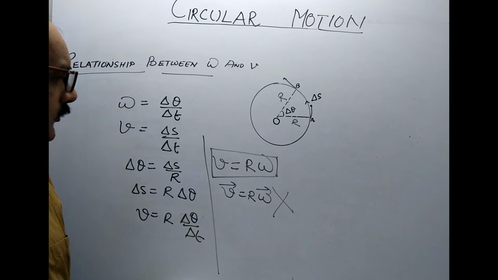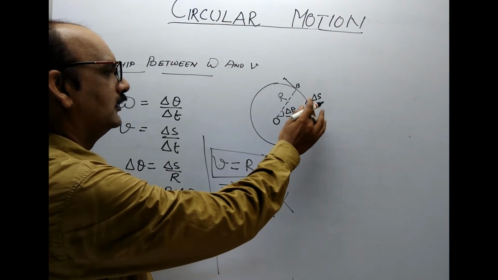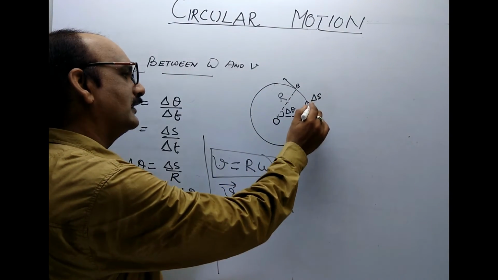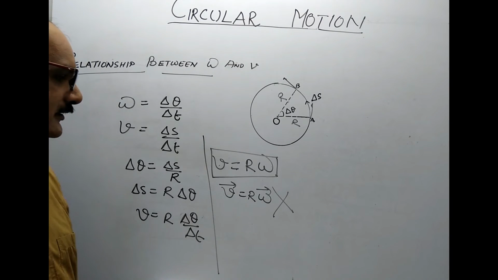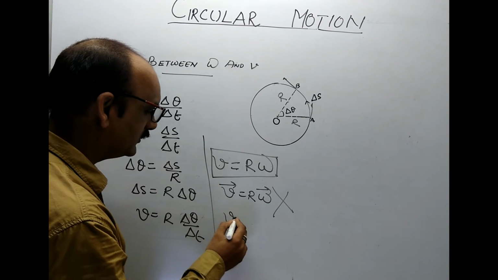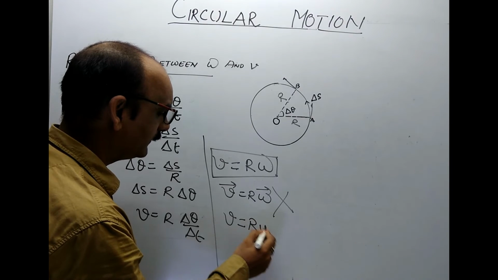Right? Omega will not act along this one. Similarly, omega will not act like this one. Omega is a axial vector. Right? It will act along the axis. So, always write v equal to r omega.